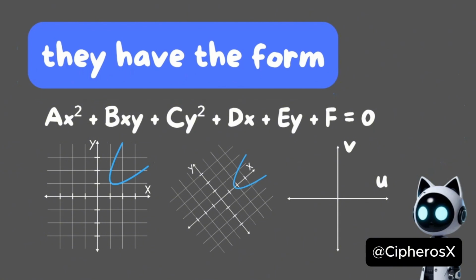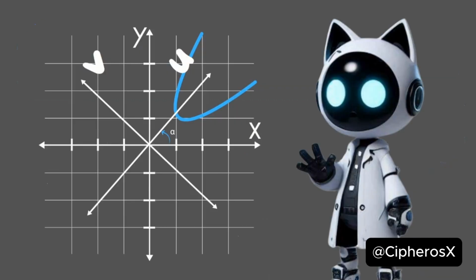It's just about concentration and turning this equation into the UV system, where the xy or uv term doesn't exist. Now, if you want a picture of how this works, this is how we're going to apply this to all these conics on every problem. We have the x and y that are already defined, and the u and v where this conic will be parallel to the u or v axis.